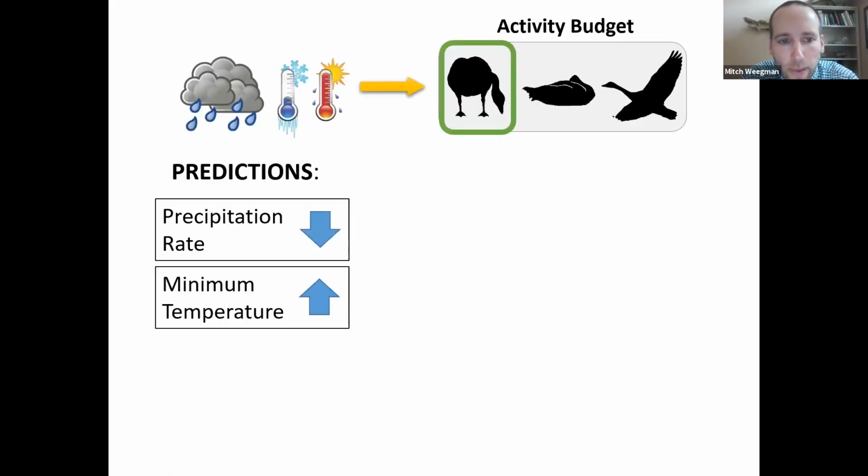We had several hypotheses related to how weather might explain variation in proportionate time feeding. We predicted that precipitation rate would be negatively related to the proportionate time feeding, so more rain, less feeding time, and that minimum temperature would be positively related to goose proportionate time feeding.